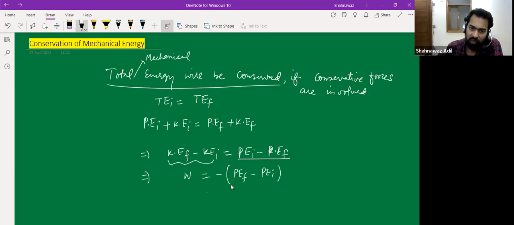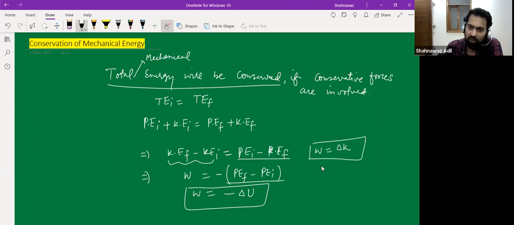So work done will be the negative of the change in potential energy. Okay. So work done is delta K. And this is also equal to minus delta U.